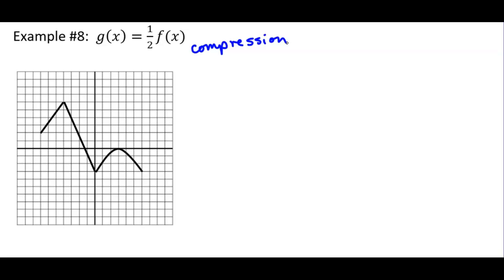So you could make a table of values. I'll just do a little one like we've done before. We had f of x, that was that point -7, 2. So that's that far left point. But then in the g function, we're going to put in a -7 still.